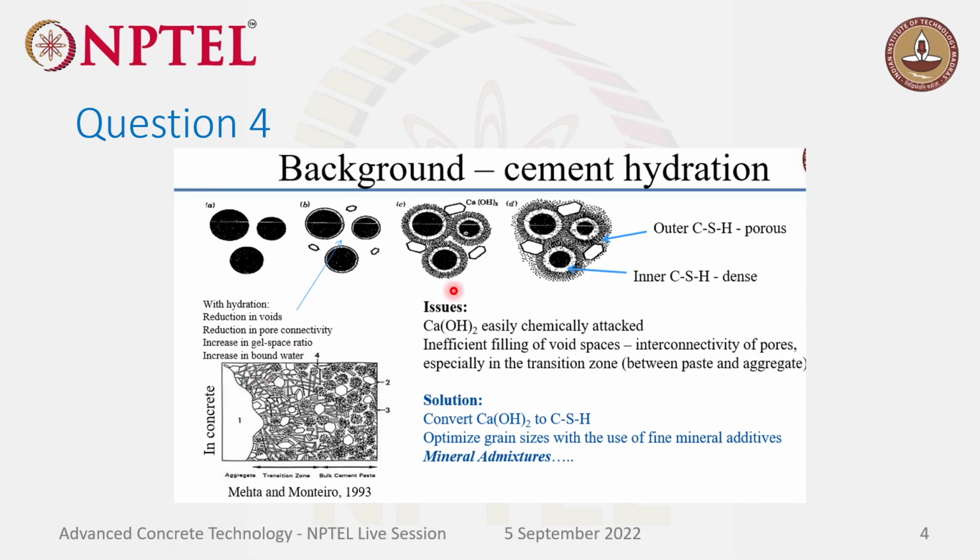So here is a snap from the slide from the lecture. Here they are showing outer CSH and inner CSH, and in between there is aggregate. In between the aggregates there will be more space in the ITZ, so there this Portlandite will be formed. That Portlandite will be readily available to react with chemicals from the environment, like sulfate.